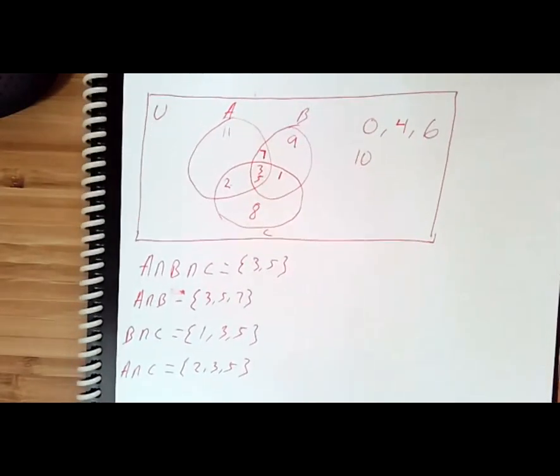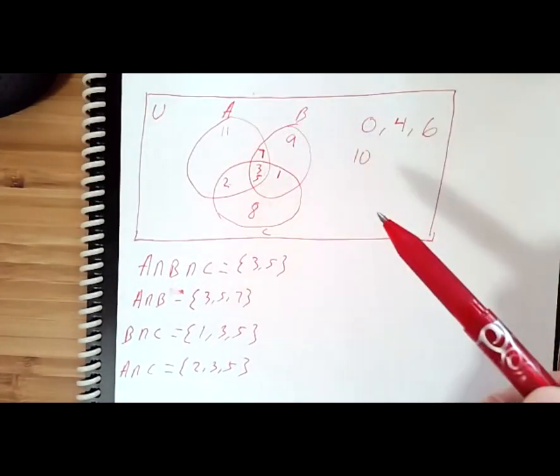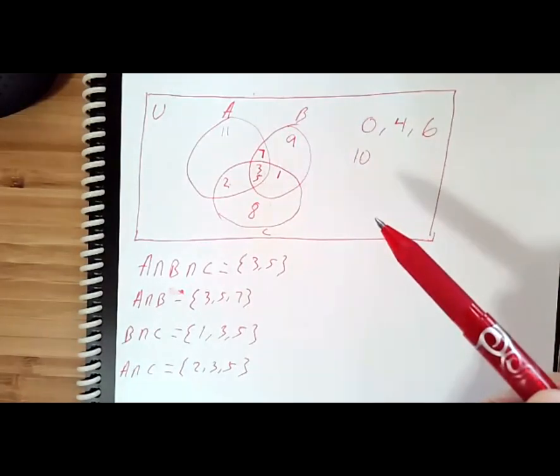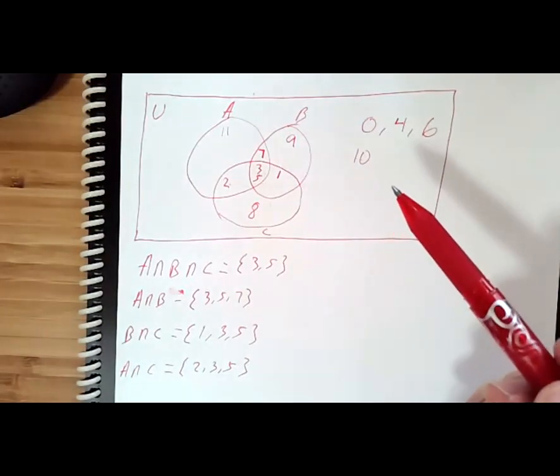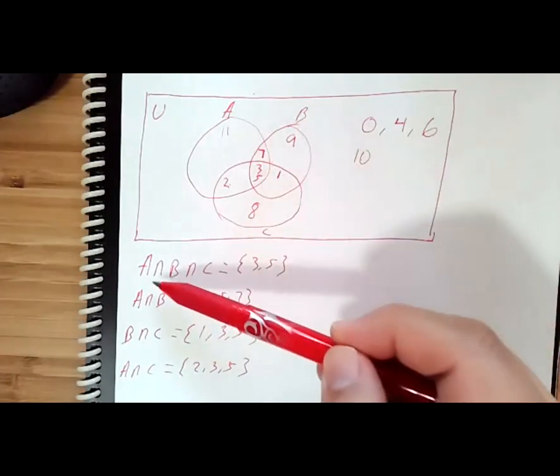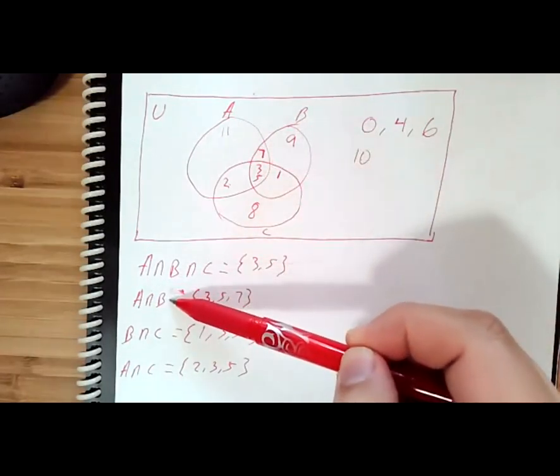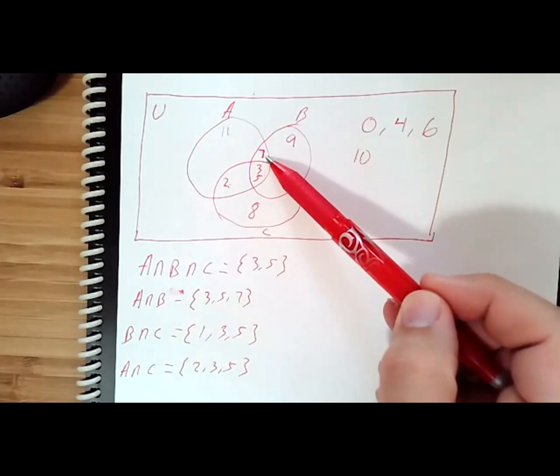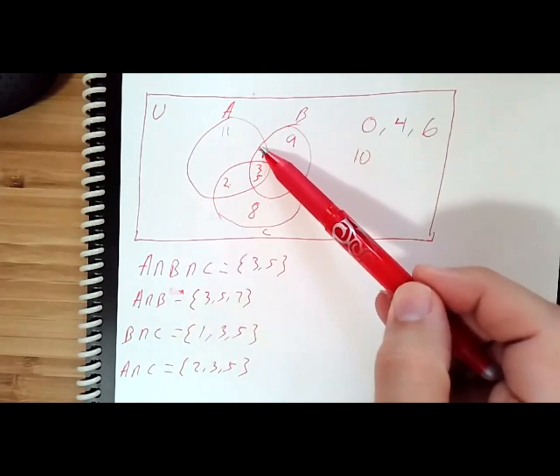Does this make more sense when you have the visual? Yes. Okay. But if they would have told you what's in A and B, but not inside C, you would say 7, because this is outside of C.